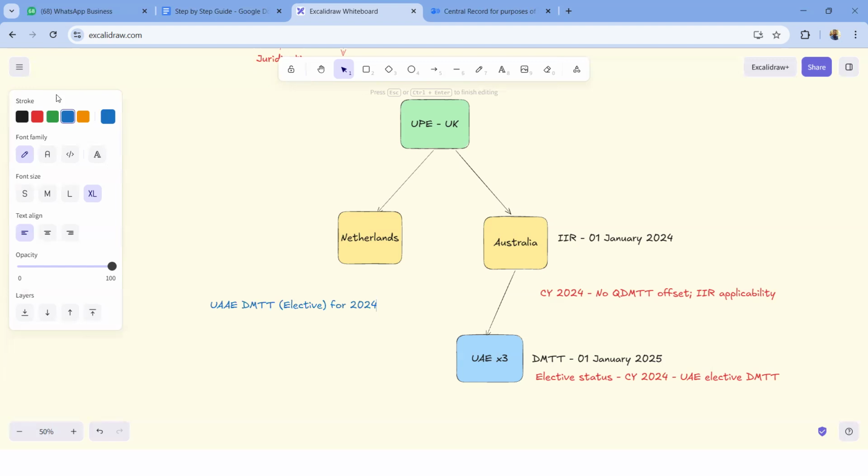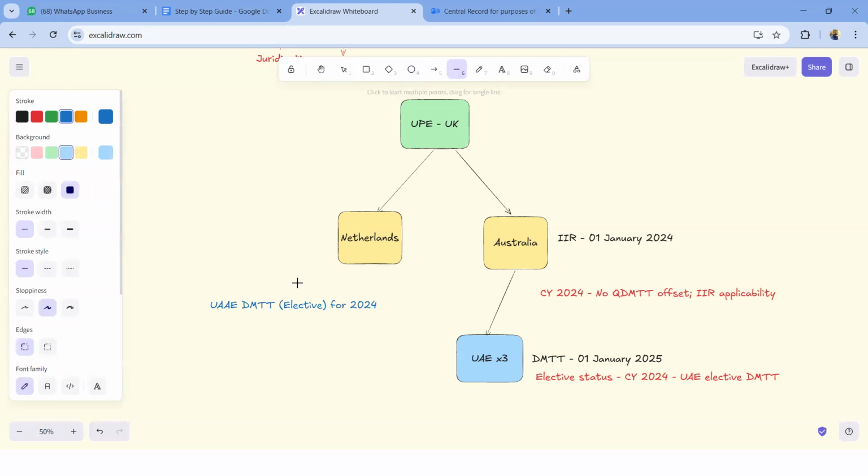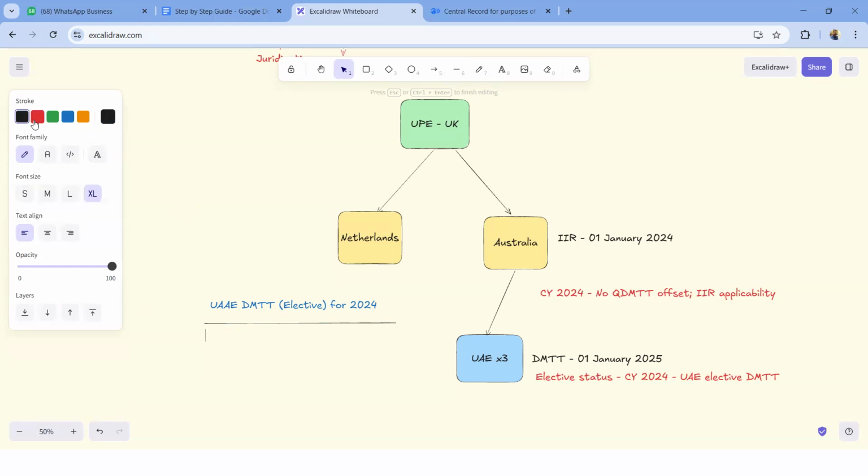Like that election, basically, if you don't do that election, then not taken, then your safe harbor advantage for that MNE is lost.